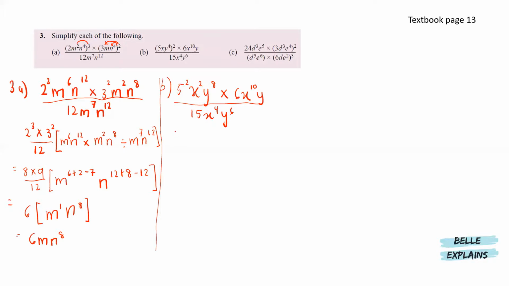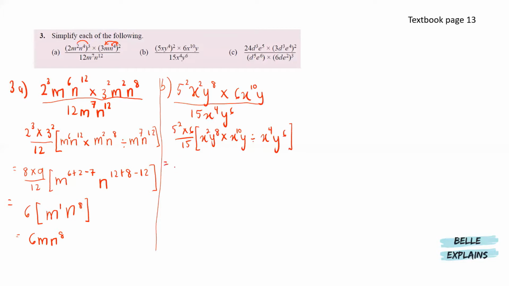So let's get the numbers to one side. We have 5 to the power of 2 times 6 over 15, and then x to the power of 2, y to the power of 8, times x to the power of 10, y divided by x to the power of 4 and y to the power of 6.